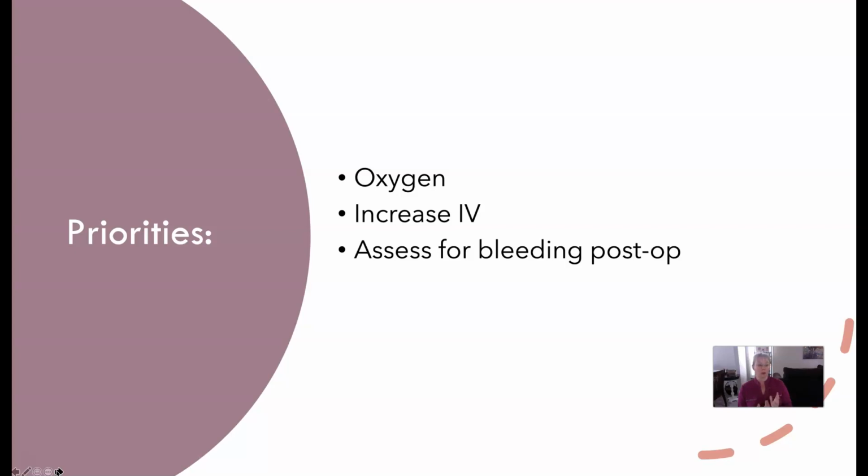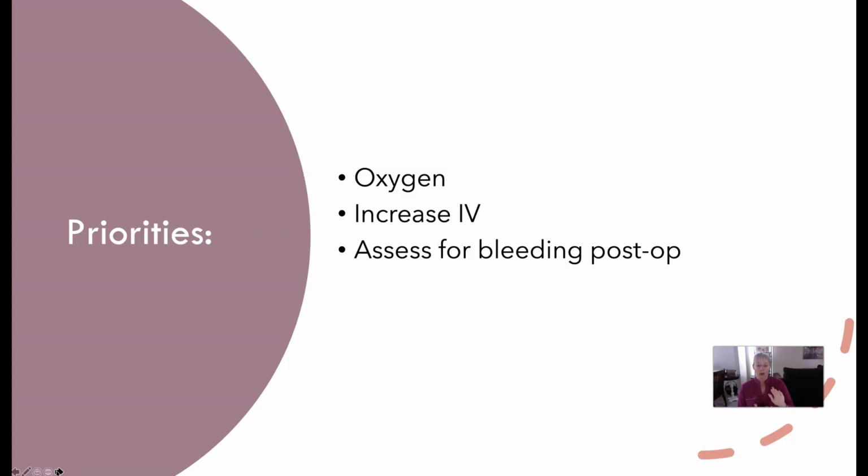Let's say they did a CBC and the hemoglobin is 7, then they'll probably get 2 to 3 units of blood to just get it up to 10. And you want to make sure that patient's not losing blood, which is why they immediately go to surgery.